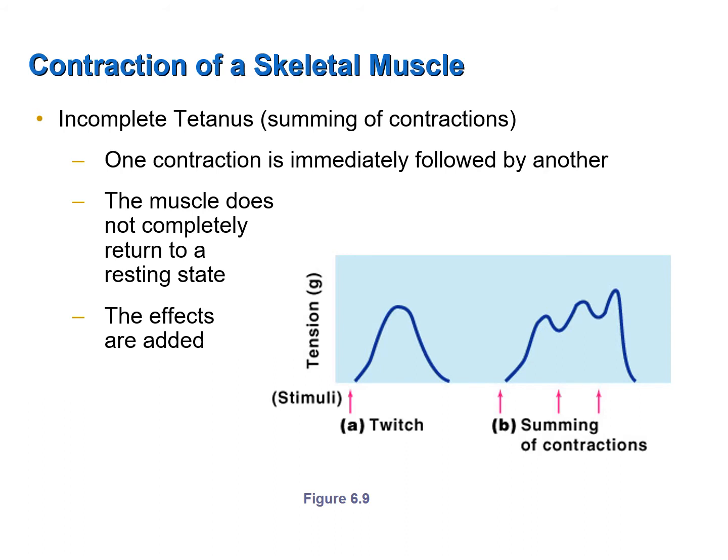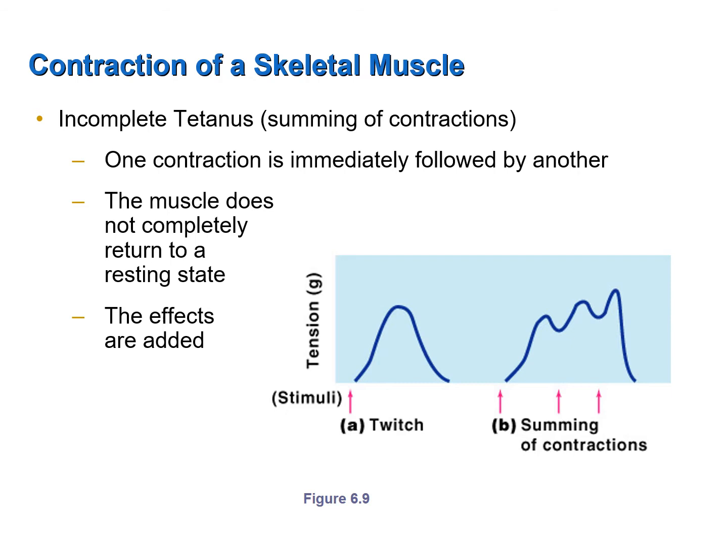This summing of contractions, this stepwise increase in tension, is called tetanus. It's specifically in this case called incomplete tetanus because you do have some resting occurring between subsequent stimulations.